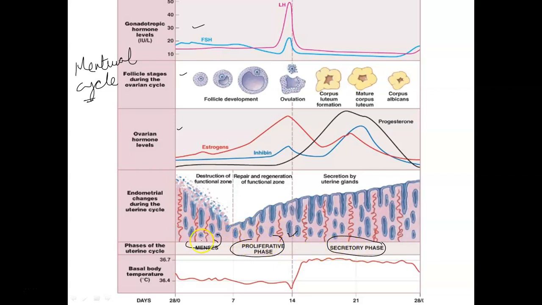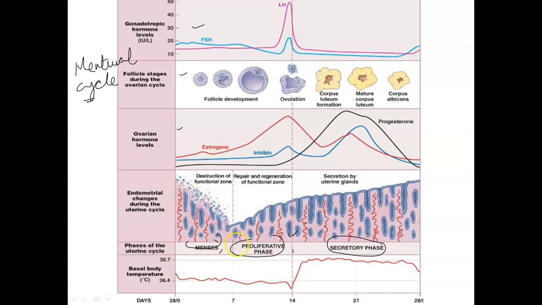I will start from the proliferative phase, which comes after 5 days of menstruation. Days 1 to 5 are menses. After that, on the 5th to 7th days, there is development of the follicle: the primary follicle changes into the Graafian follicle, and release of the egg occurs.